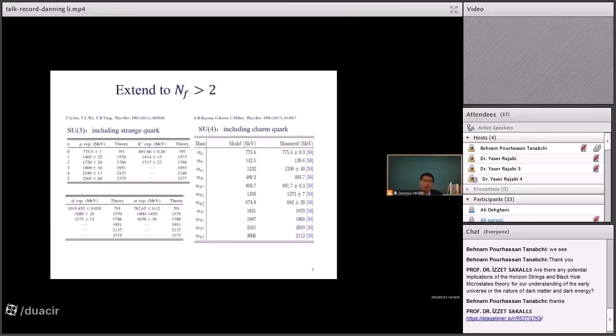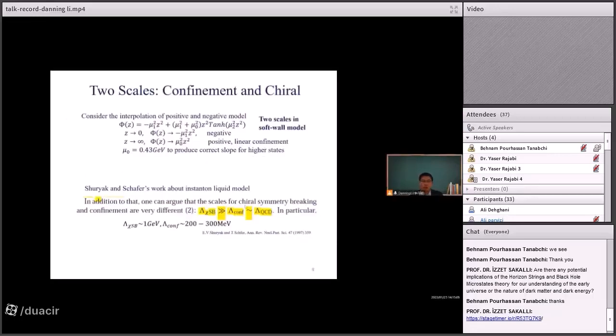From their calculations, you can see that the experimental data can be described well. So the soft wall model can describe the hadronic physics well.